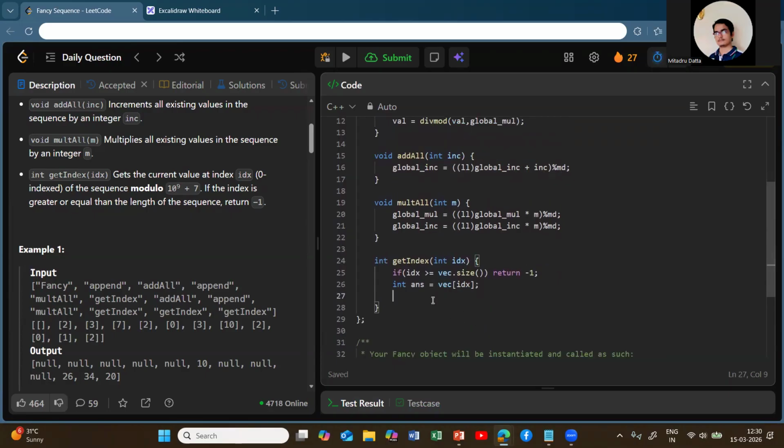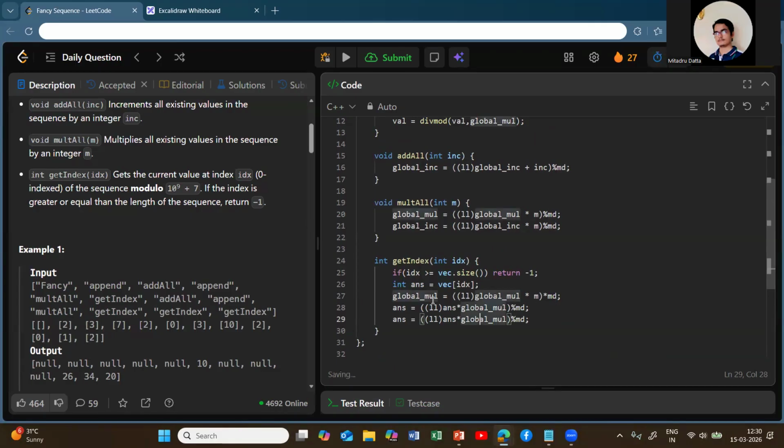So here you need to just multiply and then add. So the answer will be answer times global multiplier, whole modulo. But you need to write this as long, with the whole modulo. If you just copy this, you also need the global incrementer.